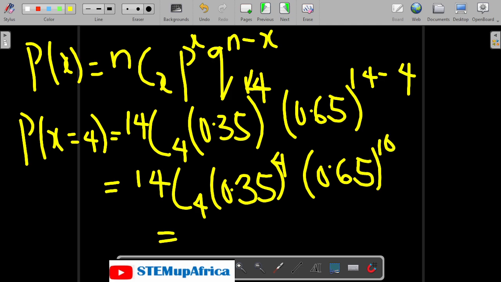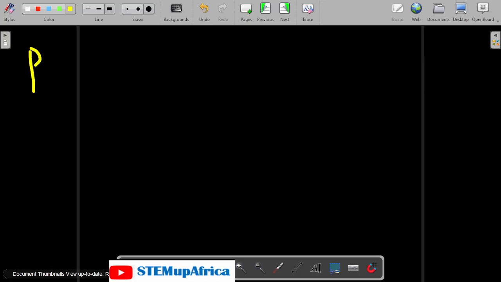Applying the same formula of combination, if I press the calculator and simplify, I'm going to have 0.2022.